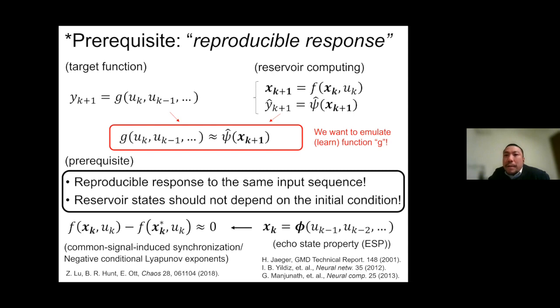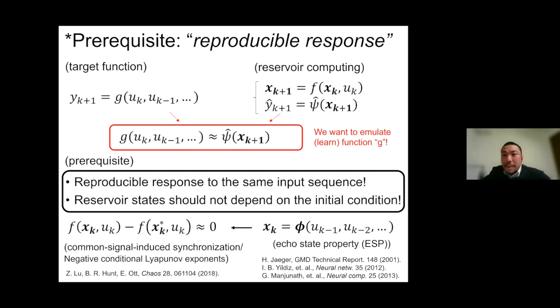It is related to the reproducibility of the response. If you want to implement computation in the system, at least you need to guarantee the reproducibility of the response, right? Because when you inject the input, you need to obtain the same response from the system. Otherwise, you cannot implement reliable computation in the system.